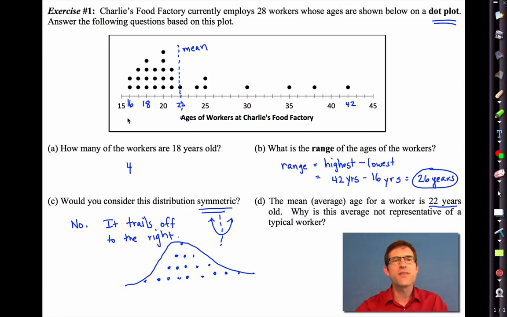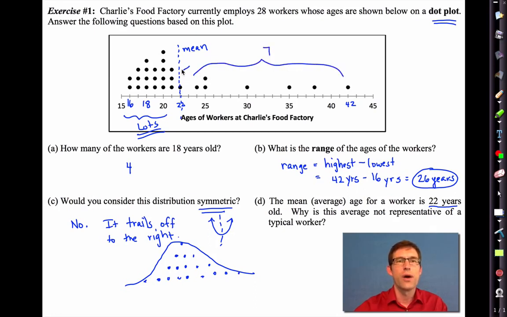What strikes me is that there are a lot of workers down here, lots of them. That kind of makes sense. This is probably a fast food place. I don't know, Charlie's Food Factory, it's probably out in the Midwest or something. There's lots of workers down in here. And if that's really representative, then we'd expect sort of the same number of workers up here as down here. But there are only 1, 2, 3, 4, 5, 6, 7. There's 7 up here.